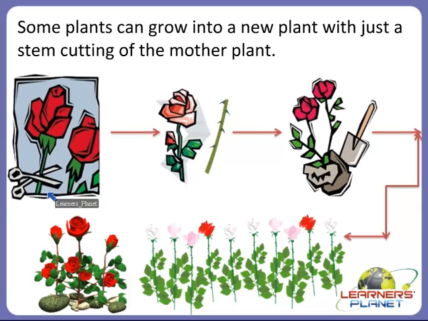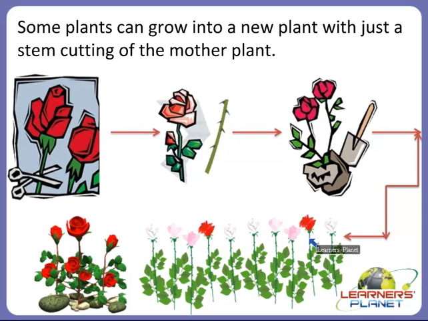How does it take place? First we cut the stem of this plant, then the cut portion of this stem is planted in the ground, and then after some days or some time we see that they grow into new plants, right?